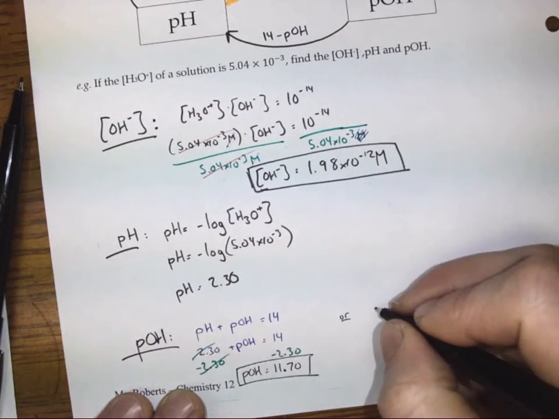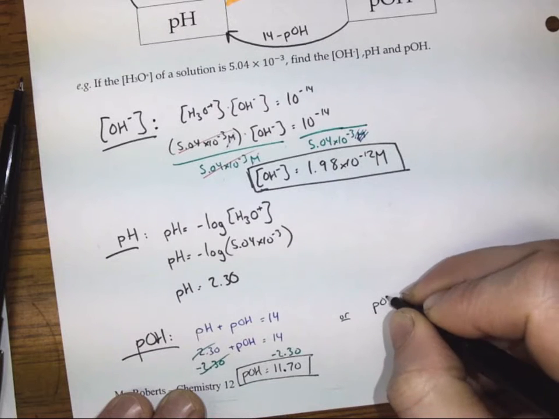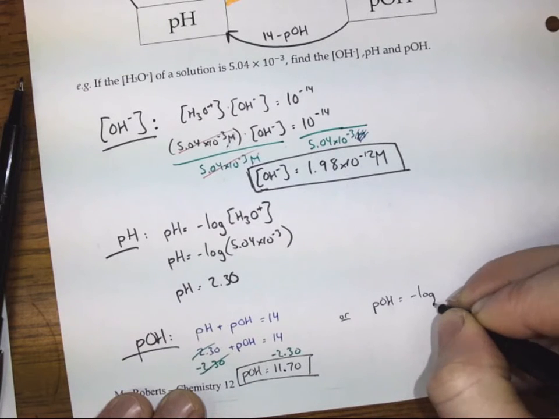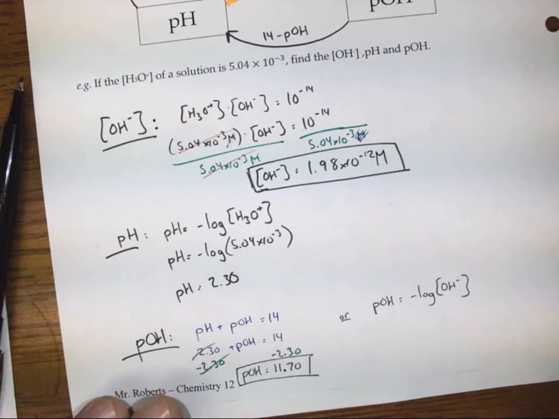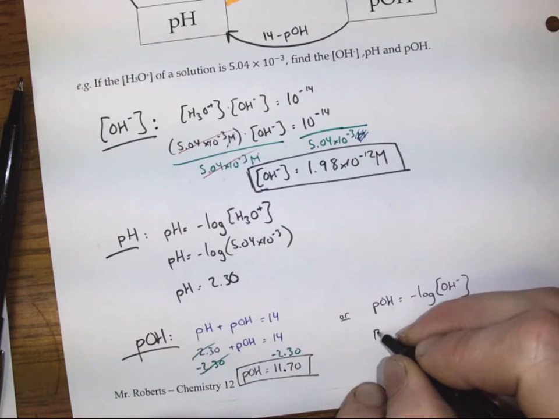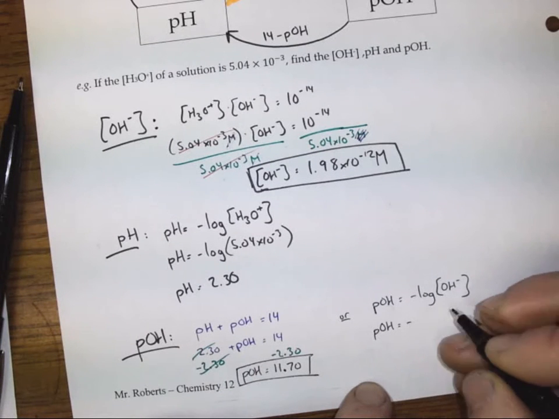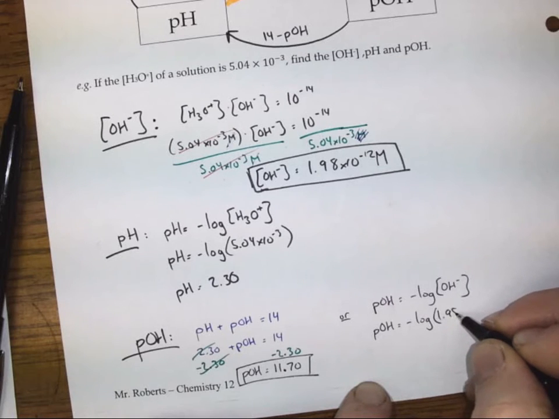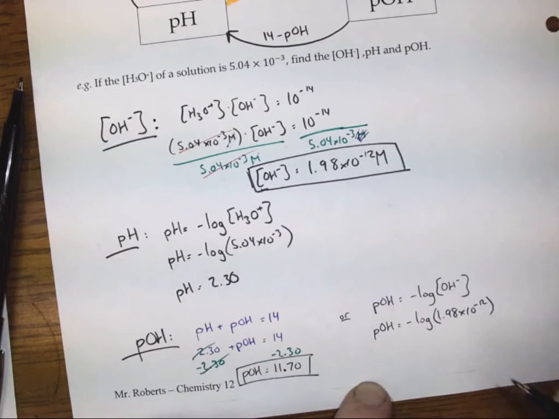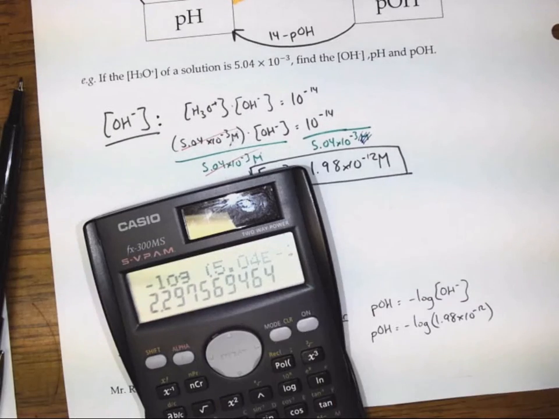And let's just see if I can do the same thing here. Or I could use pOH is equal to the negative logarithm of my hydroxide concentration. Since we found the hydroxide concentration in the first portion here, I hope we're going to get a very similar number for our pOH, 1.98 times 10 to the negative 12. So this is going to come down to how well we rounded in both of these steps. So let's find out here.